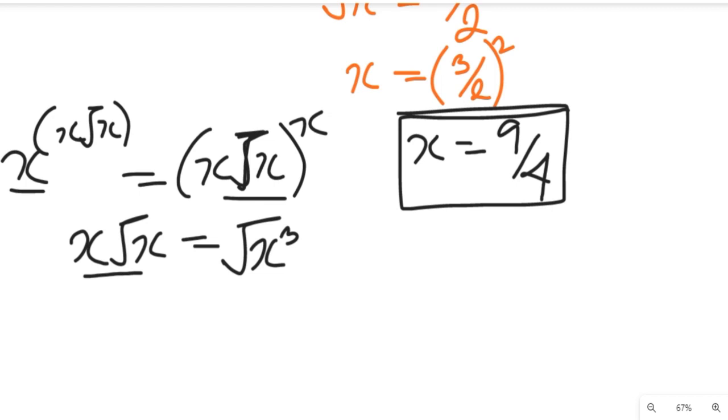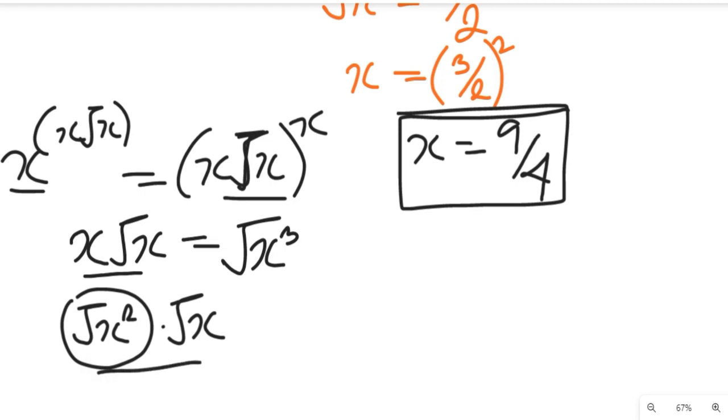Now, let's analyze this. If we have x square root of x squared, this whole value will give us x. If we multiply this value by square root of x, this whole value is the same thing as this, and this is still equal to x to the power of 3. Why? Because x squared times x will give us x to the power of 3, and then we'll have the square root, so the square root of x to the power of 3.